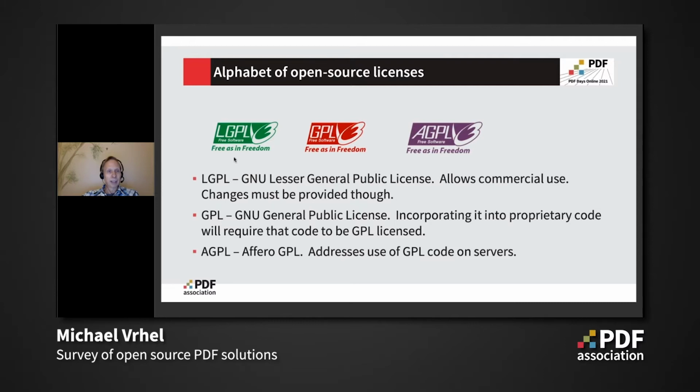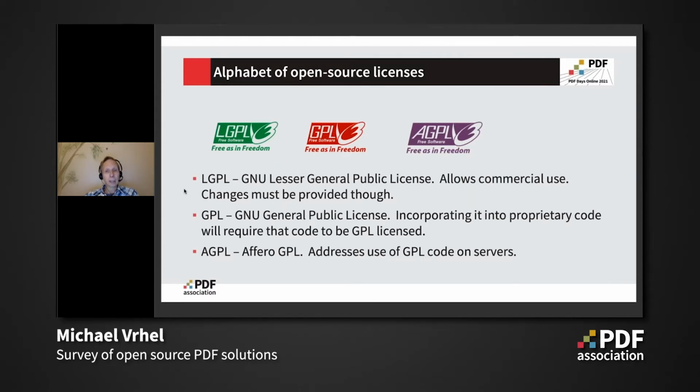There's the LGPL, just the GPL and the AGPL. So the LGPL is the Lesser General Public License, which allows for commercial use of the code. If you do any changes in the code, though, you have to provide those. But you're allowed to basically use LGPL code with your commercial code, and there's no problems with that.